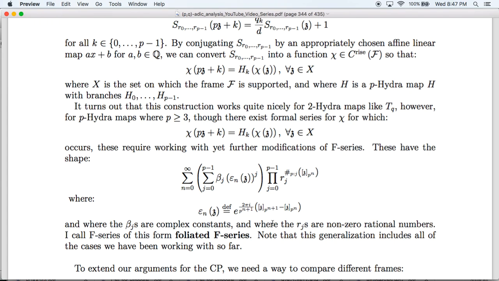You end up getting a projection. In particular, this is just a fun fact. A projection ends up arising, and for p equals 2, the projection always outputs 1/2.